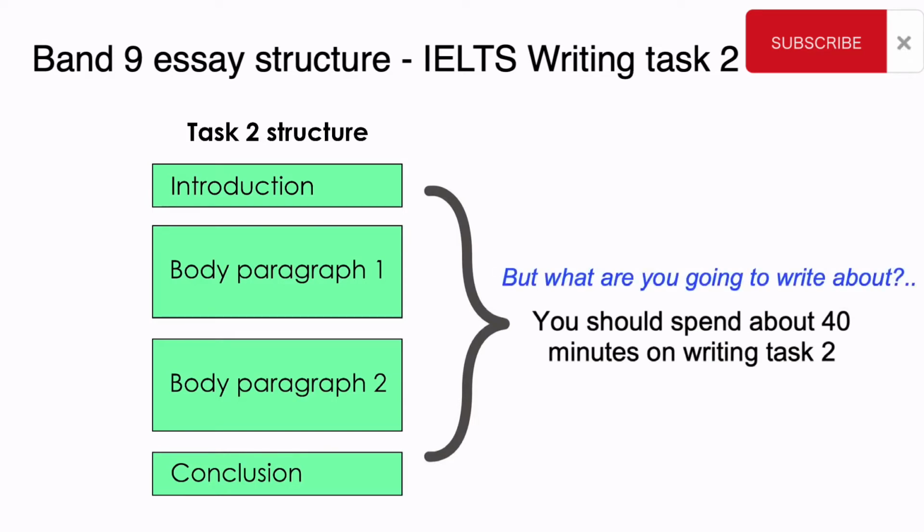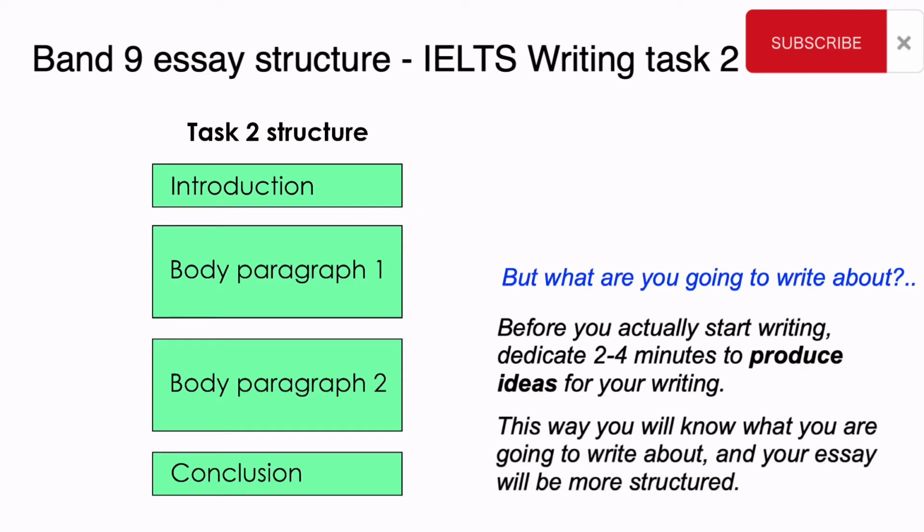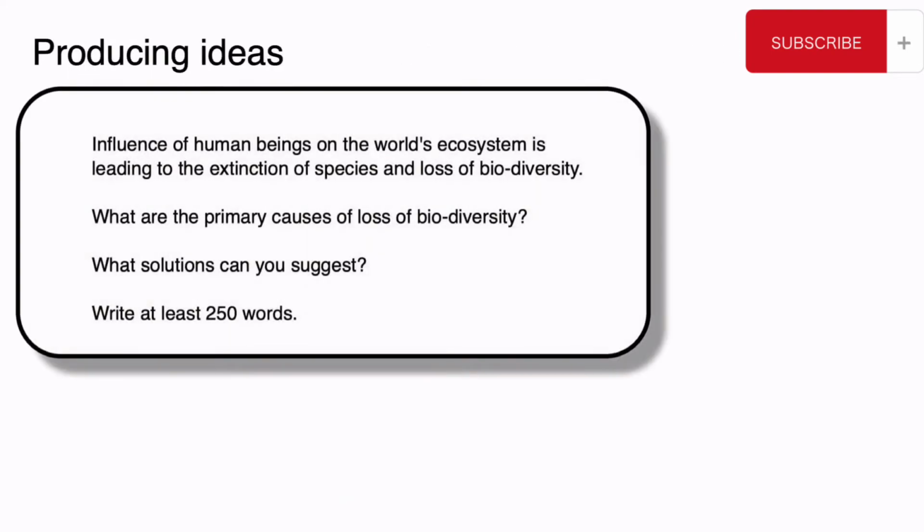Wait, but what are you going to write about? Well, before you actually start writing, you have to dedicate 2 to 4 minutes to produce ideas for your writing. This way, you will know what you are actually going to write about, and your essay will be more structured. So, we're starting to plan our essay by producing ideas.